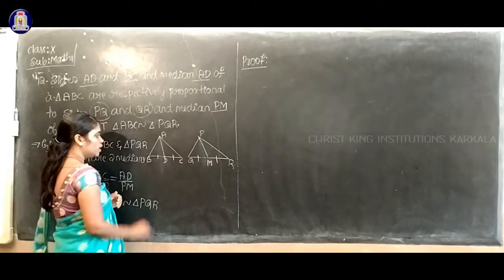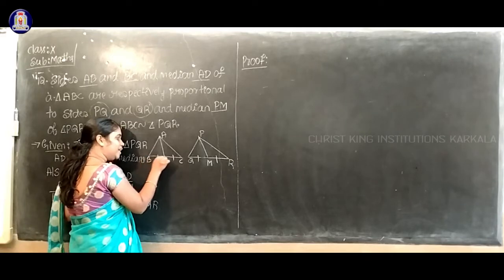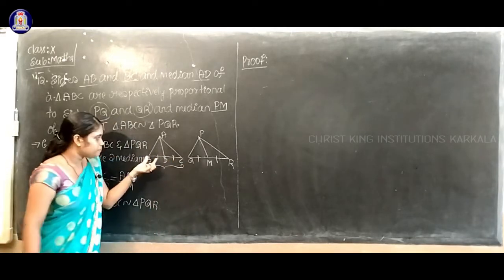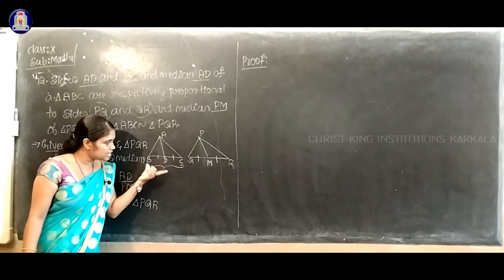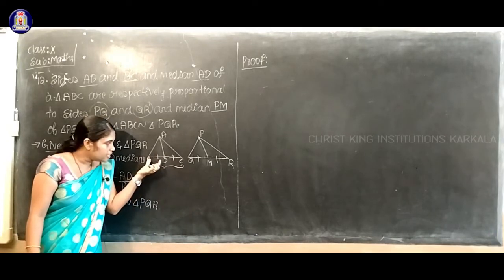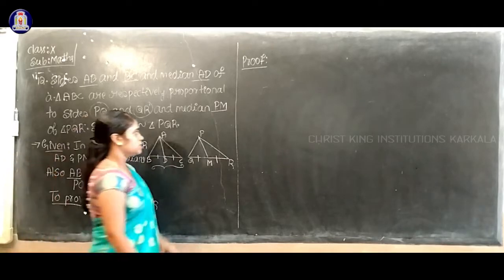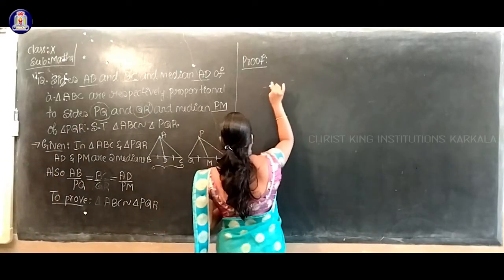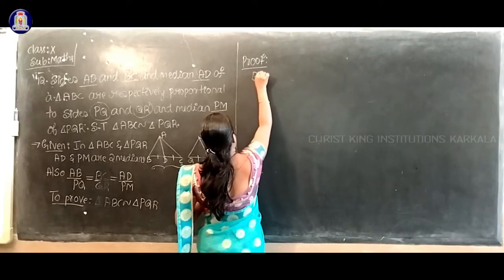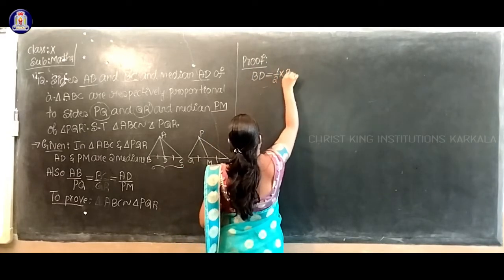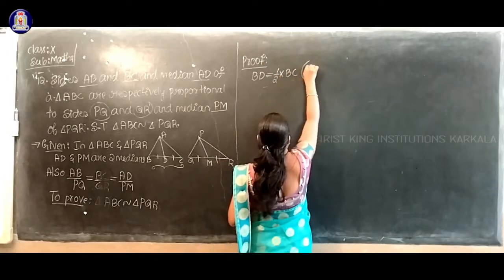Therefore, can I say BD is exactly half of BC? Part BD is a half part of BC. So I'll write here: BD is equal to half of BC. What is the reason?